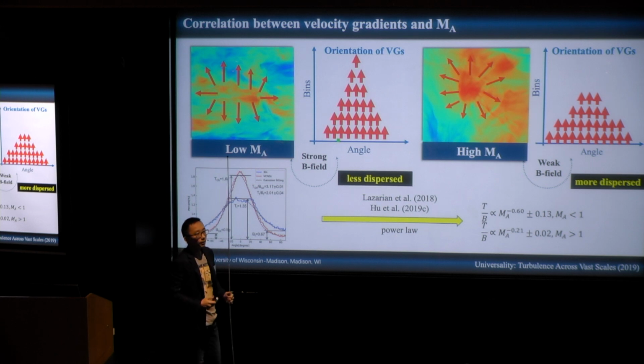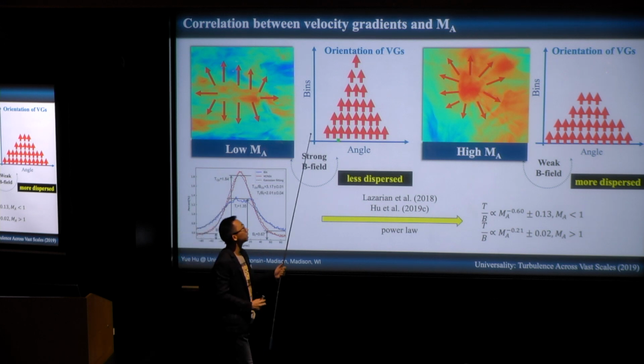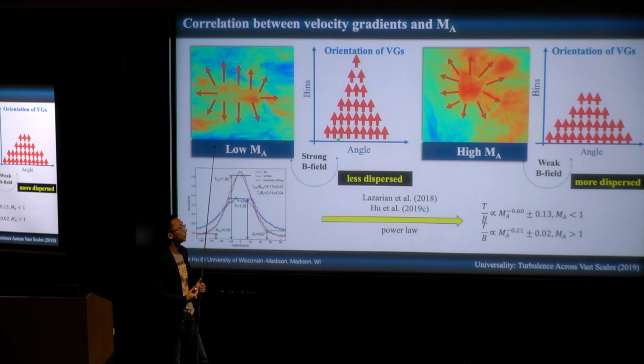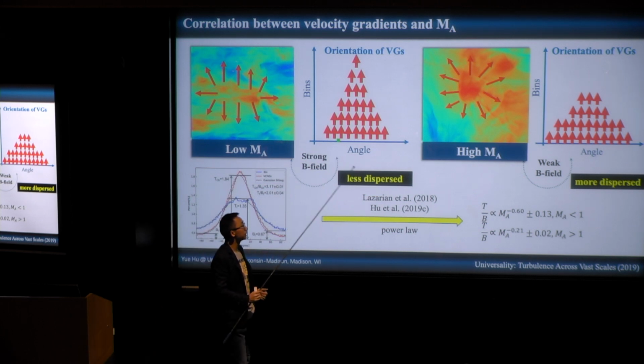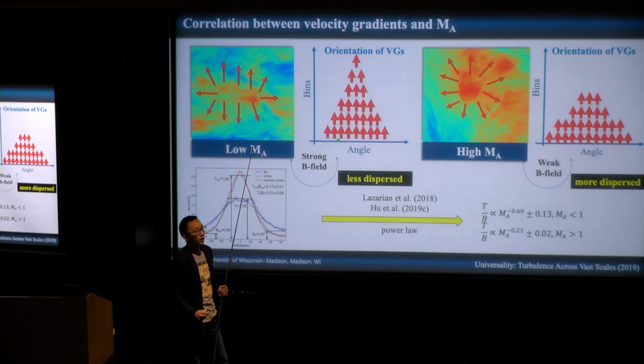And in addition to the magnetic field tracing, we can even calculate the Alfvén Mach number, M_A, which is negatively proportional to the magnetic field strength, from velocity gradients. In case of a strong magnetic field with a small M_A, the orientation of velocity gradients is highly constrained by the magnetic field.